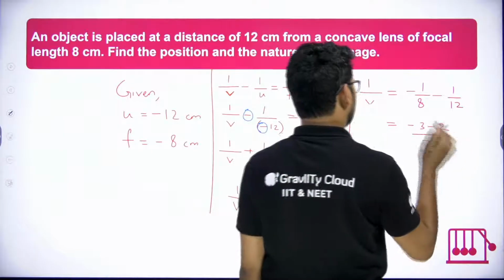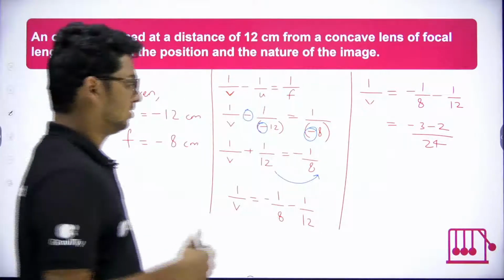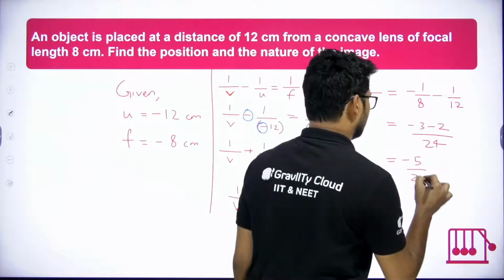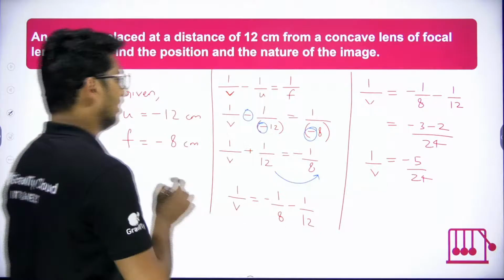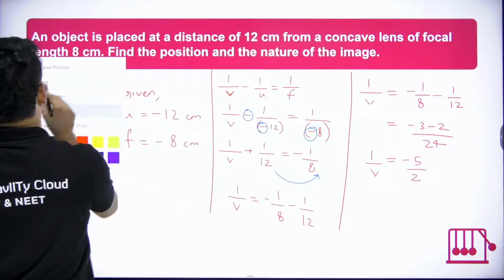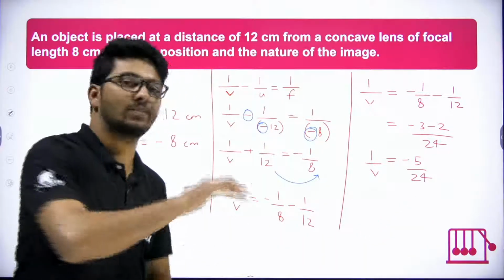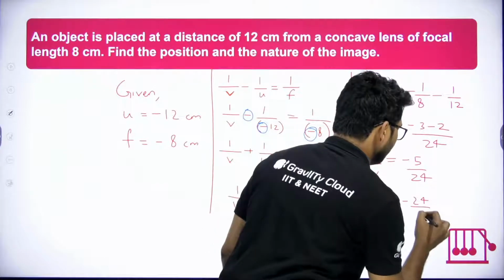So minus 3 minus 2 by 24, which obviously is minus 5 by 24. Now is this the answer we need? No. You have to carefully look at the LHS also. We need v, so we'll do the reciprocal. So v will be equal to minus 24 by 5.